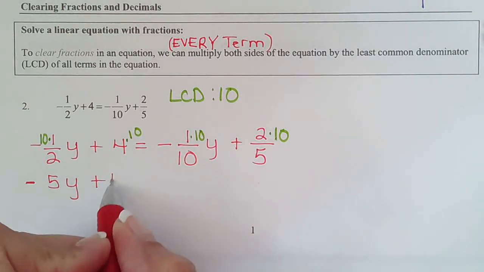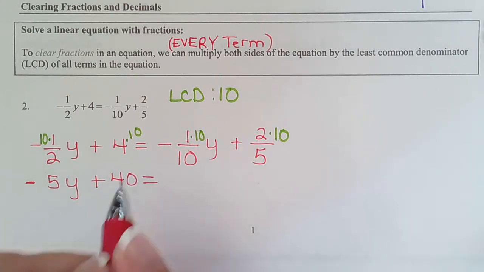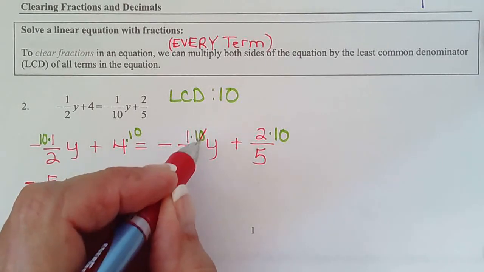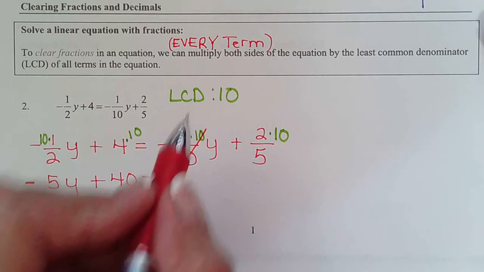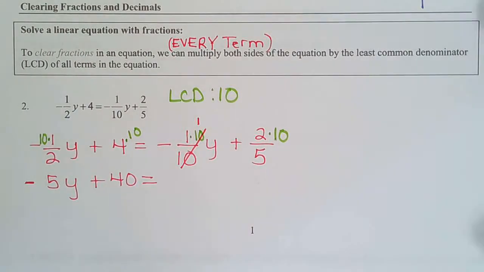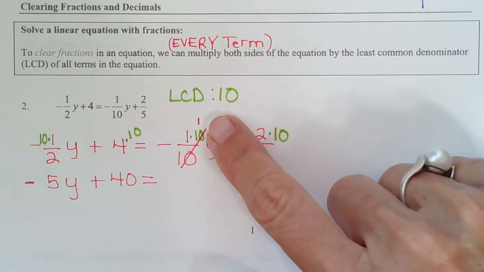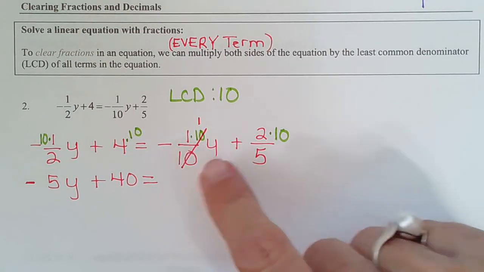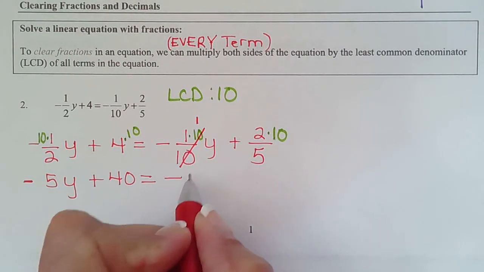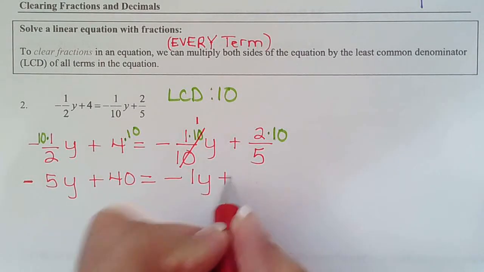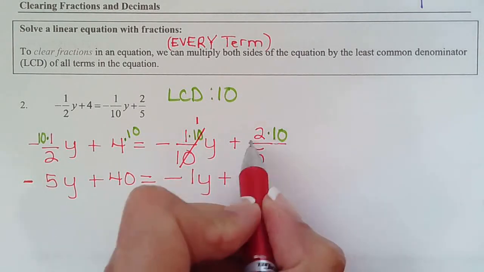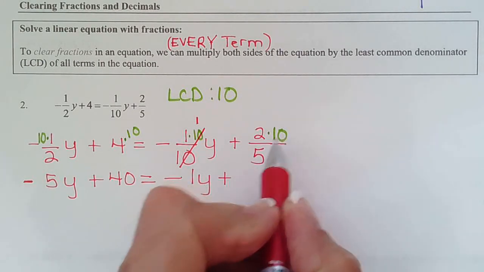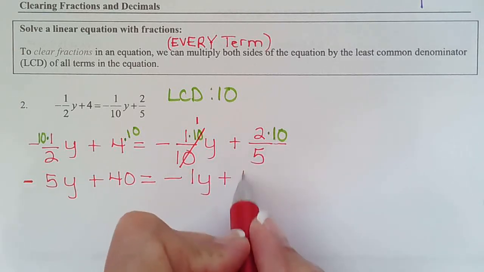Plus 40 equals, and here the 10s conveniently just cancel. 10 divided by 10 is 1, so then I don't have to do any multiplication or anything. So 10 over 10 is 1. So I'm left with negative 1y. And then here I say this is 20 divided by 5, which is 4.